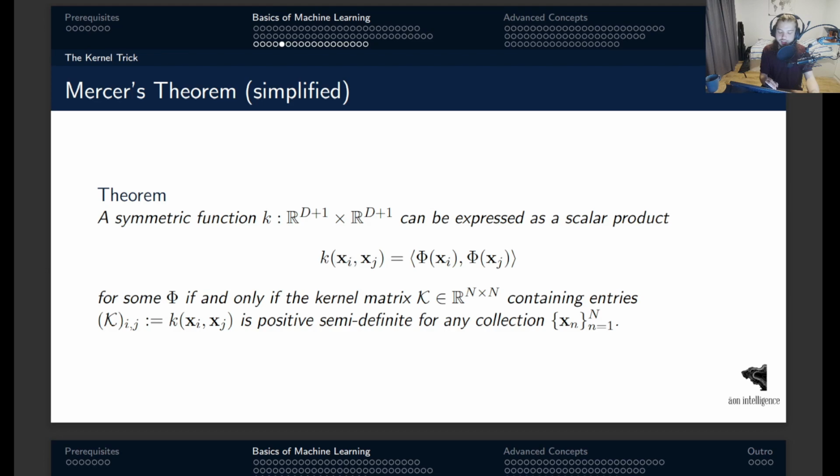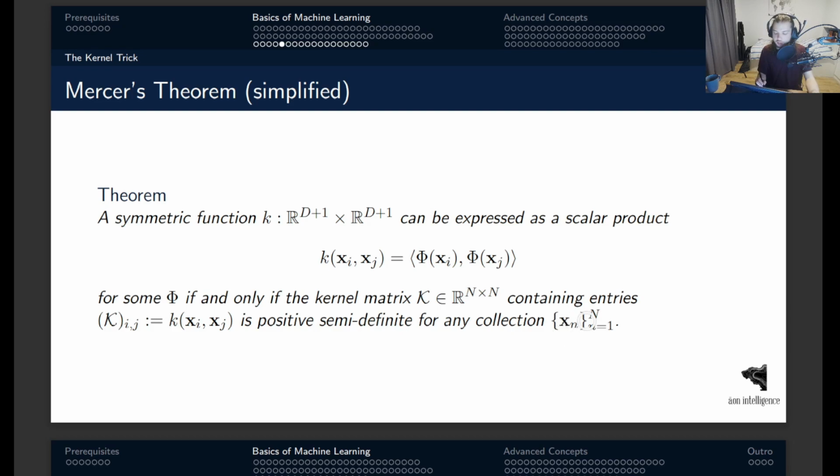So k of xi and xj is equal to some inner product of two feature mapped observations xi and xj for some phi, if and only if the kernel matrix k, which is a matrix with dimensionality n by n, which contains as its entries these evaluations of the kernel function, is positive semi-definite for any possible collection x1 to xn.